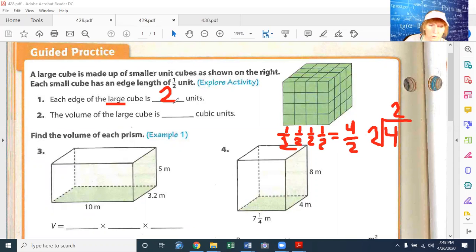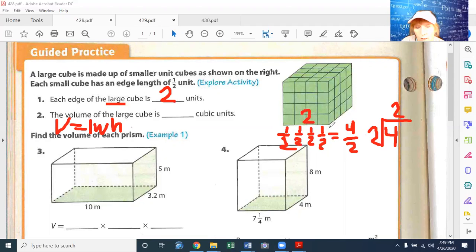What is the volume of the large cube? Remember what our formula for volume was? Volume is equal to length times width times height, right? We know the length. We just figured it out. It was 2, right? The length of the big cube is 2. What's the width of the big cube?